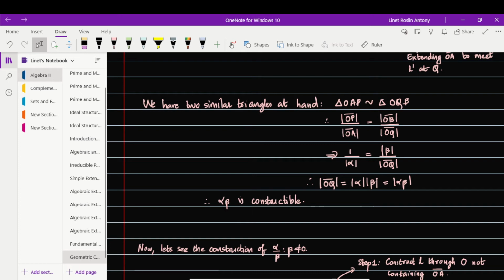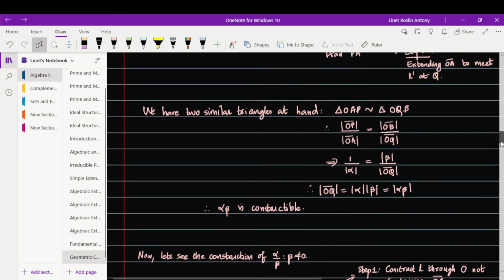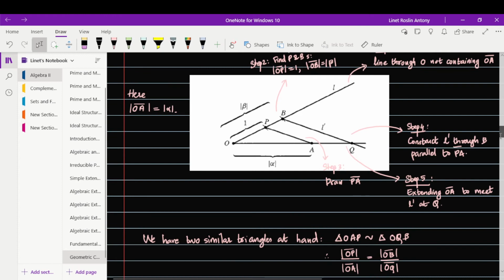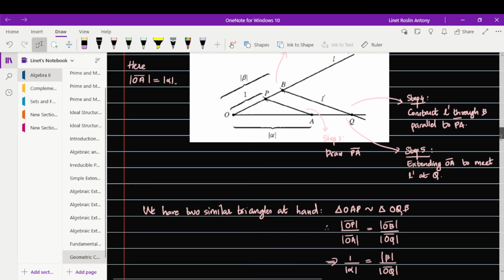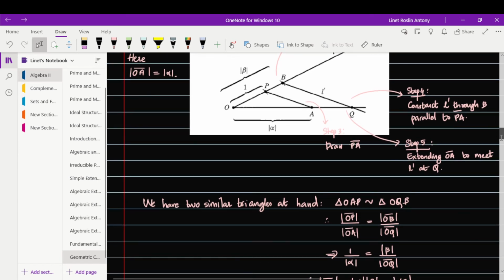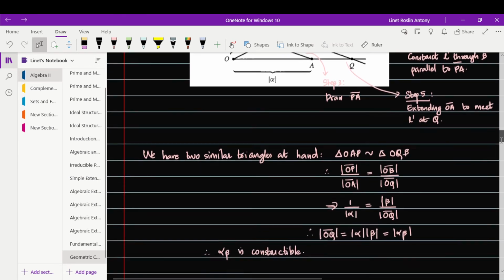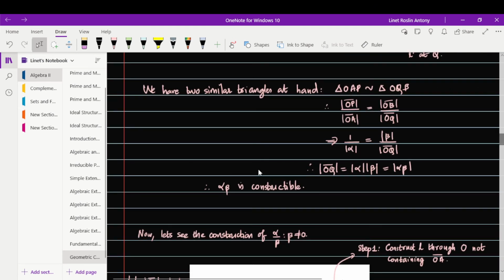In the figure, OP bar is equal to 1, OA bar is equal to modulus of alpha, OB bar is equal to modulus of beta, and OQ bar we let remain as it is. When you cross multiply, you get modulus of OQ bar is equal to modulus of alpha into modulus of beta, which is equal to modulus of alpha beta. That means, by the definition, alpha beta is a constructible real number. So we are done with that part.